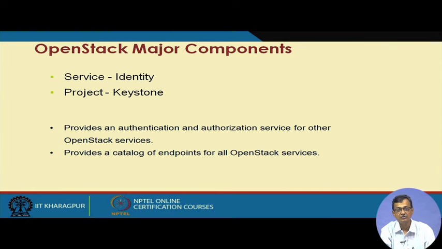Under the Keystone project, it provides authentication and authorization service for other OpenStack services. Along with that, it provides a catalog of endpoints of OpenStack services, describing how those services are defined and their types.